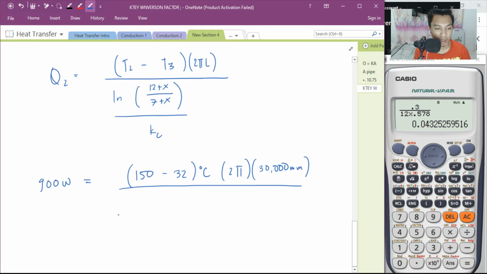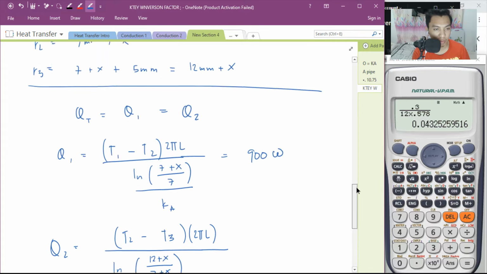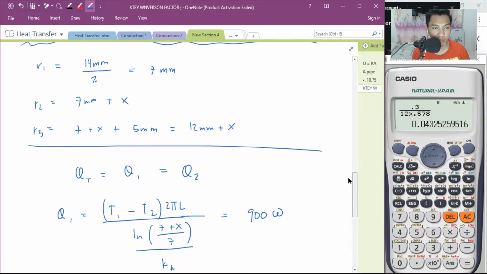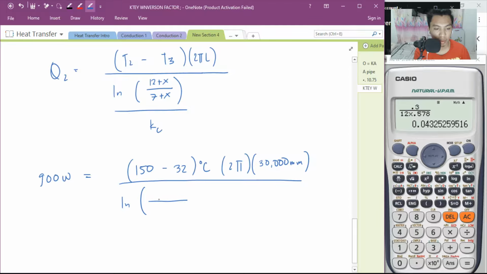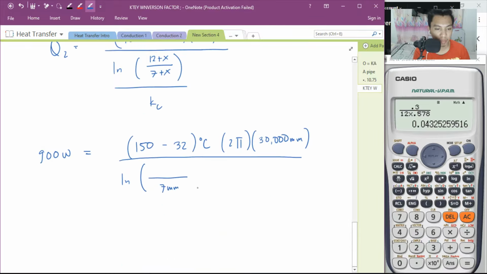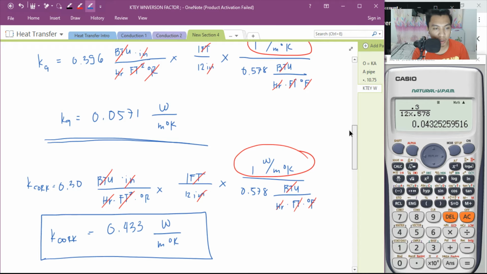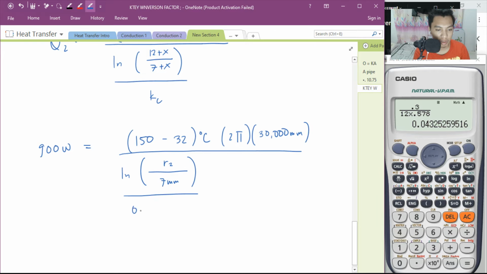Divided by ln nung D3 over D2, 0.14. 7 mm, ayun, pwede na yun. 7 mm over R2, divided by K nung sa asbestos, 0.0571. 0.0571 watt per meter degree Kelvin.